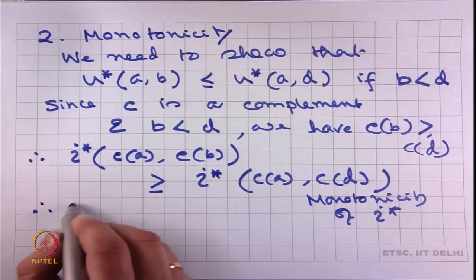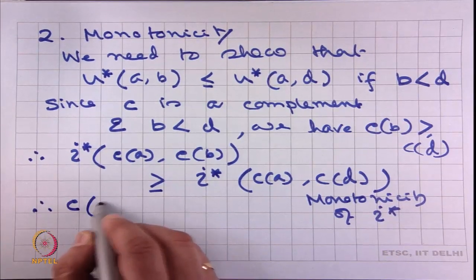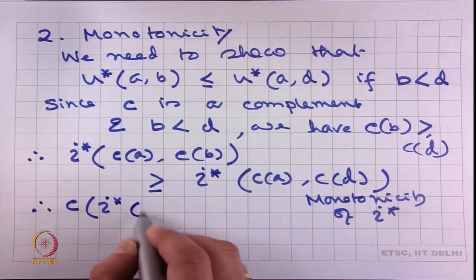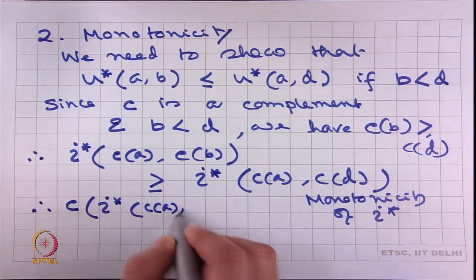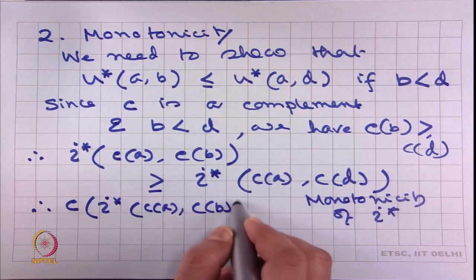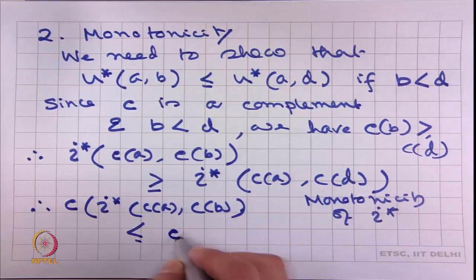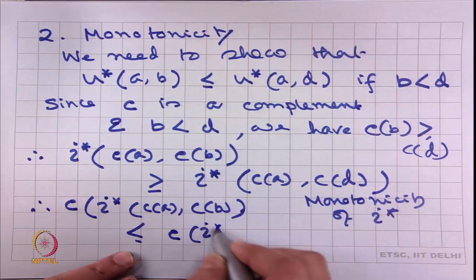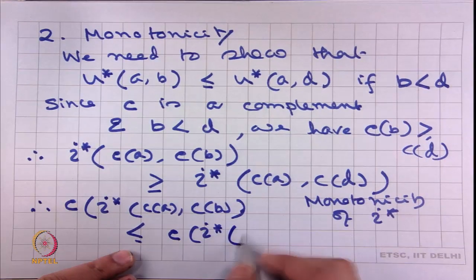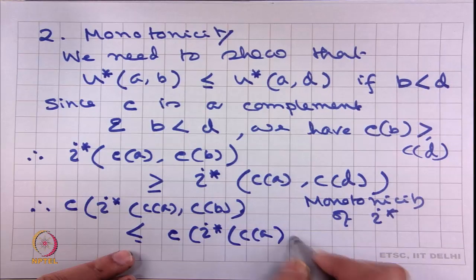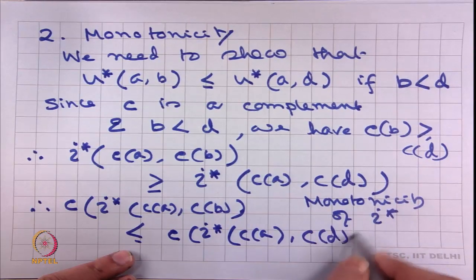Therefore, C of I star of C of a comma C of b is less than or equal to C of I star of C of a comma C of d.